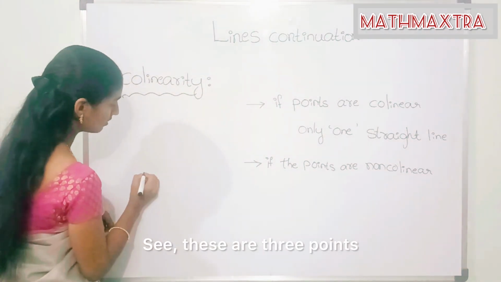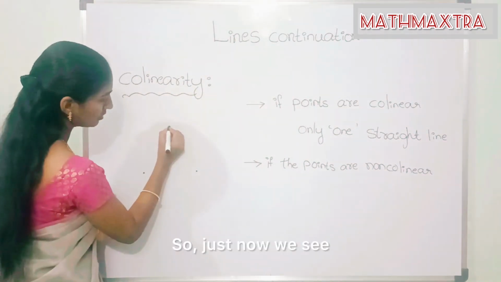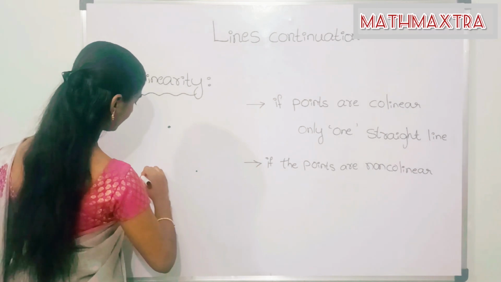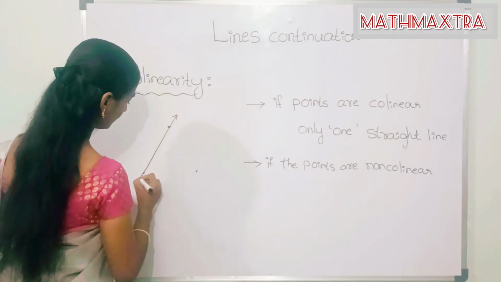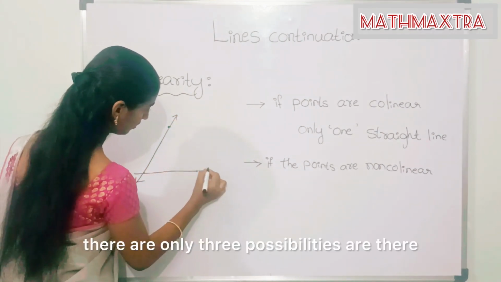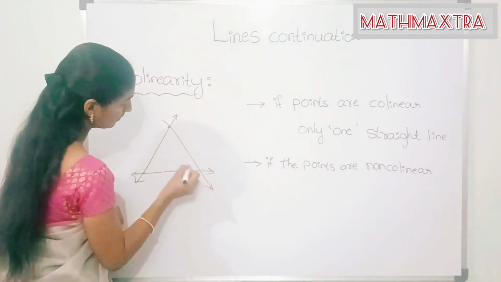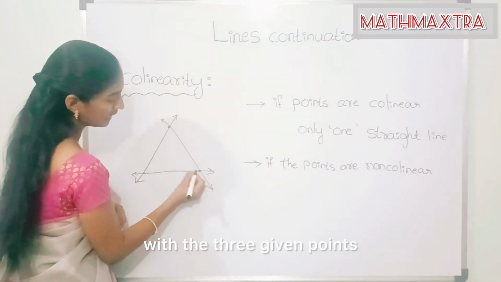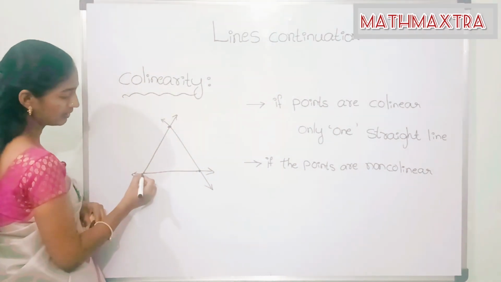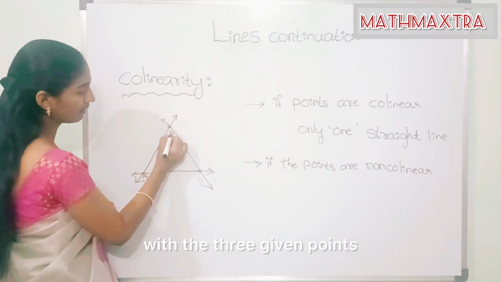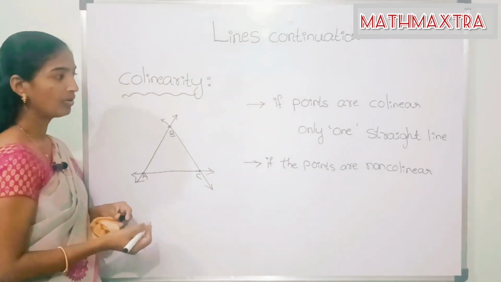See, these are 3 points. So just now we saw there are only 3 possibilities with the 3 given points.